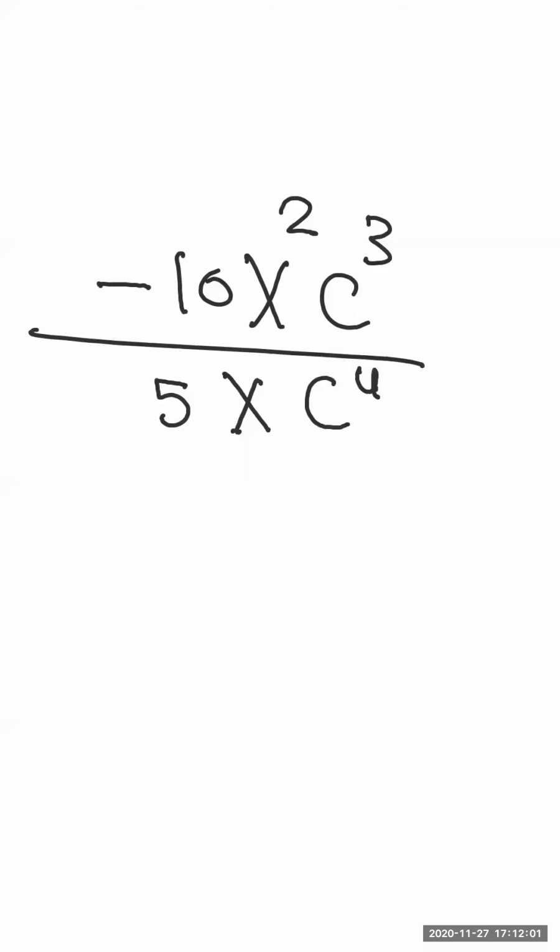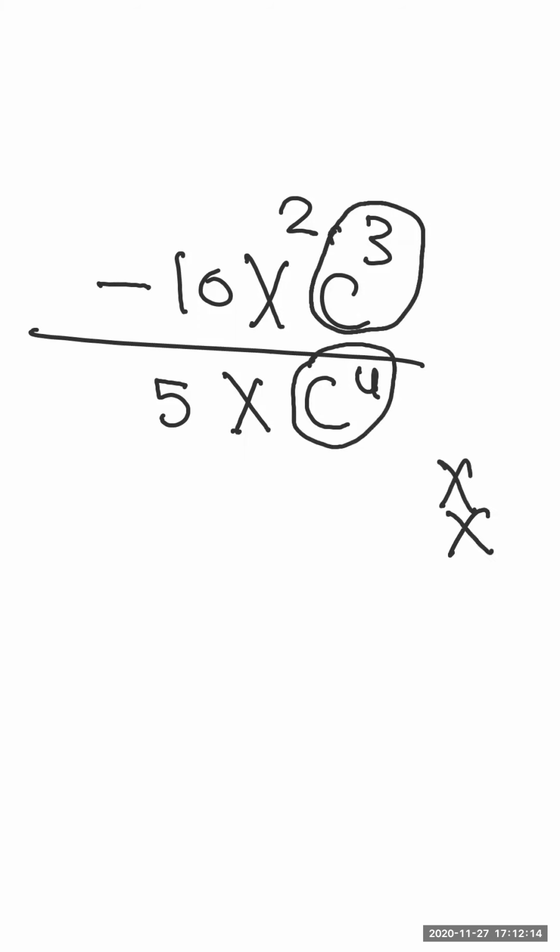Okay, guys, such a type of division, c power 3 over c power 4, will not come on your exam because it doesn't relate to you at all. But anyhow, I will tell you about it.